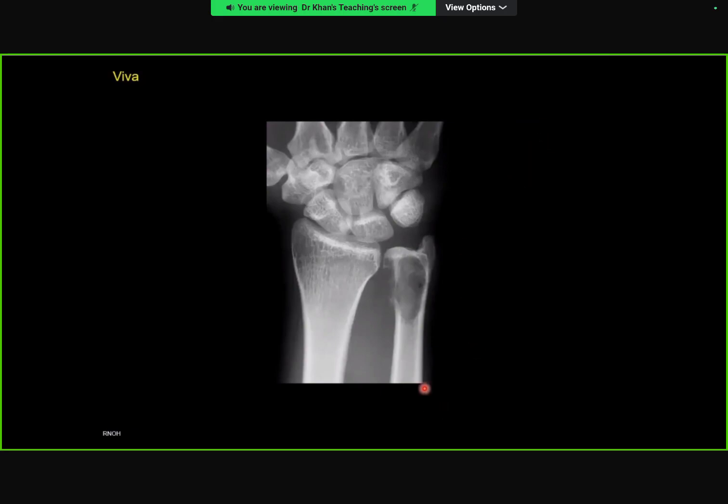So my final conclusion was that there's a reasonably well-defined, although aggressive appearing lesion in the distal ulna, and my primary differential would be a giant cell tumor, possibly with a differential of a chondromyxoid fibroma. Giant cell tumor, chondromyxoid fibroma. Yeah.